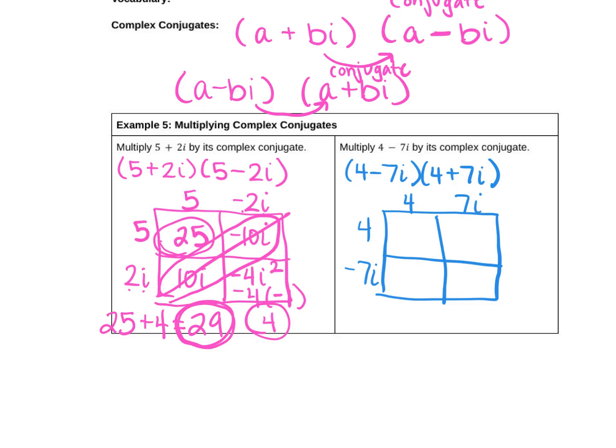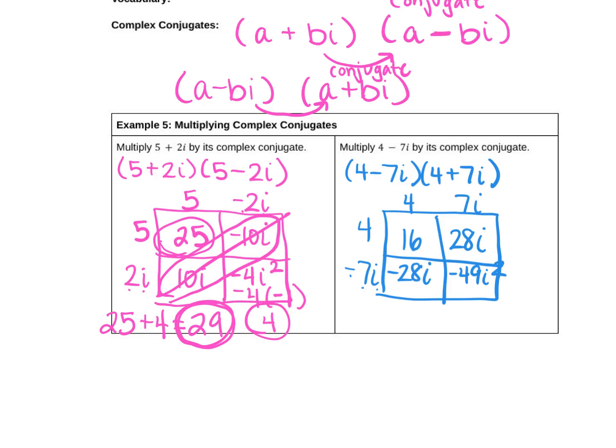Okay. 4 times 4? What's that? 16, thank you. 4 times 7i? 28i. Nice. Negative 7i times 4? And then negative 7i times 7i. Nice.